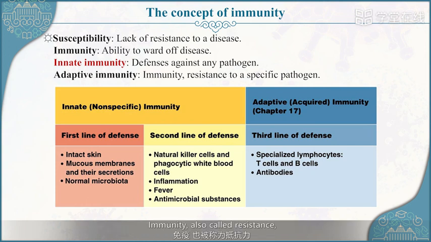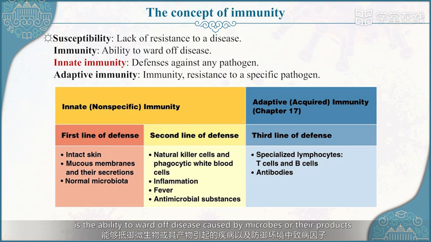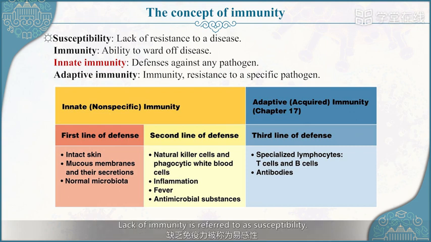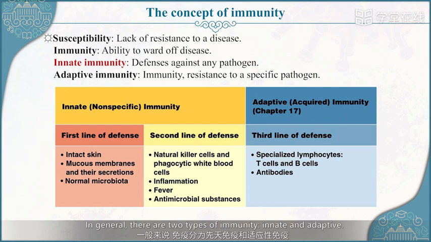Immunity, also called resistance, is the ability to ward off disease caused by microbes or their products and to protect against environmental agents. Lack of immunity is referred to as susceptibility. In general, there are two types of immunity: innate and adaptive.